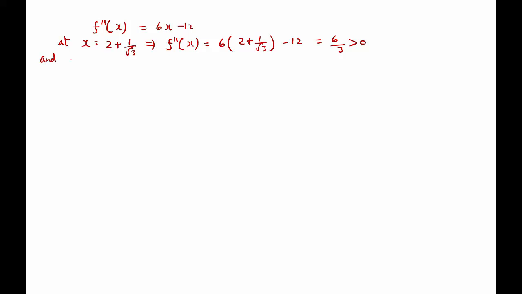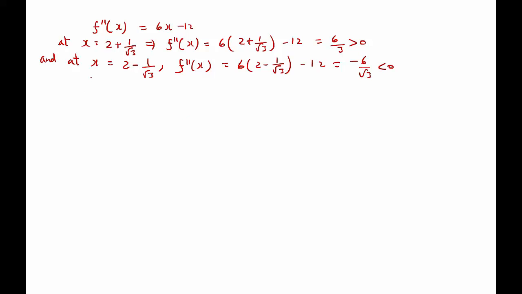And at x is equal to 2 minus 1 by root 3, f double dash x is 6 into 2 minus 1 by root 3 minus 12. In place of x, put x is equal to 2 minus 1 by root 3. So this is again minus 6 by root 3, less than 0.